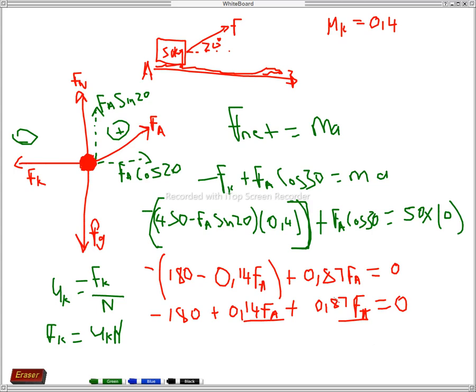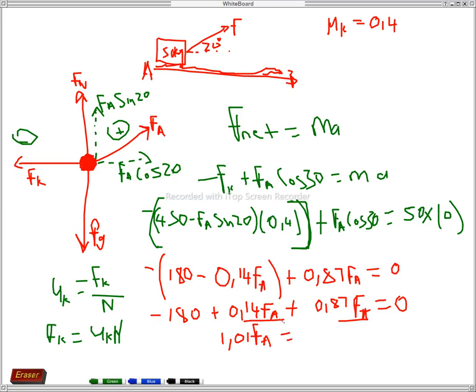plus 0.87. Therefore, you're just going to get your answer as 1.01 when you round it off to 2 decimal places.